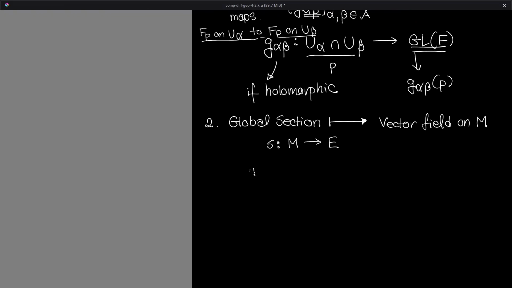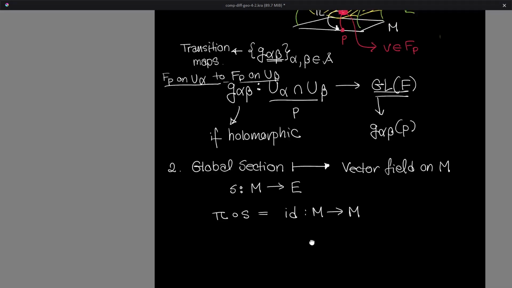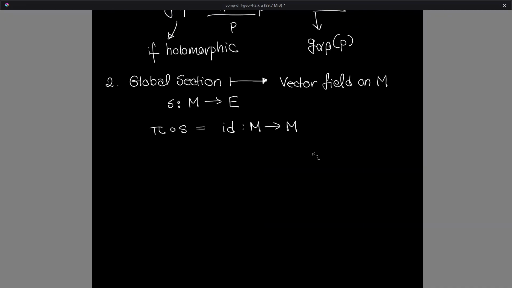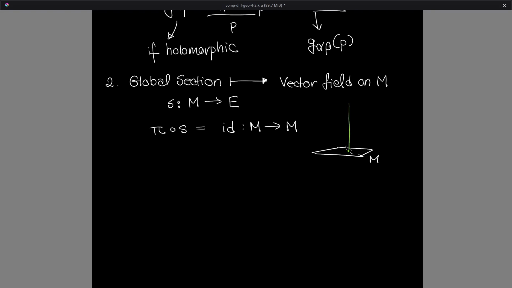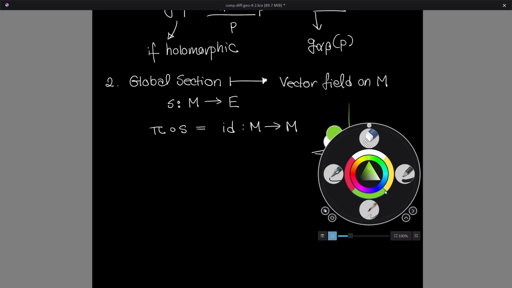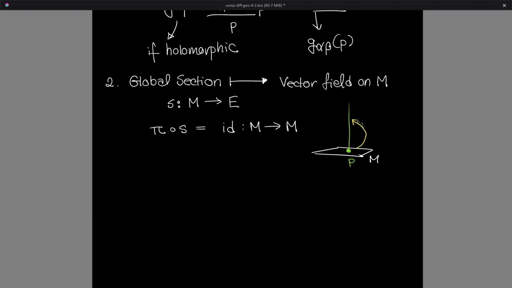And this is subject to the constraint that π after s must be equal to the identity map from M to M. The way you can think about this is that if I have this M and there's this fiber, we're saying that this is p, and s is a map that must map somewhere here on the same fiber. So this is s.